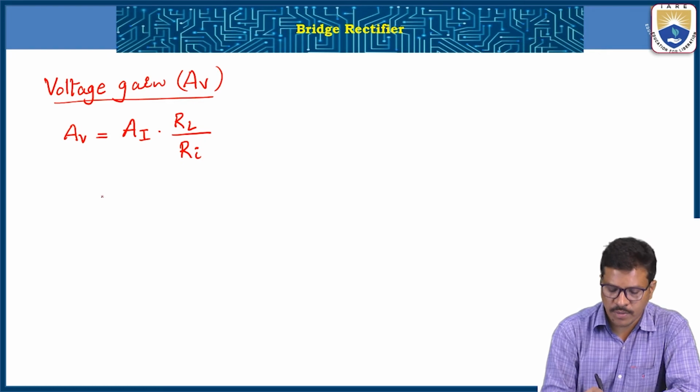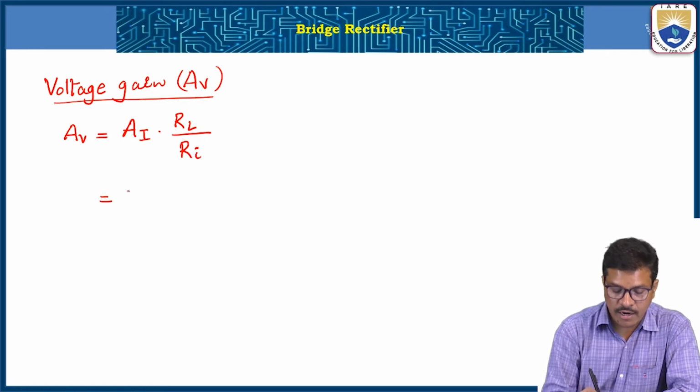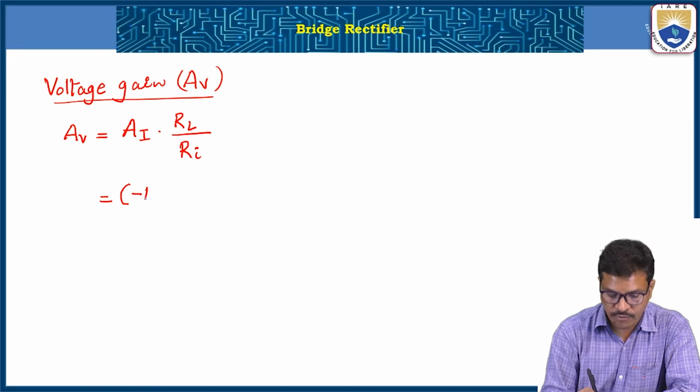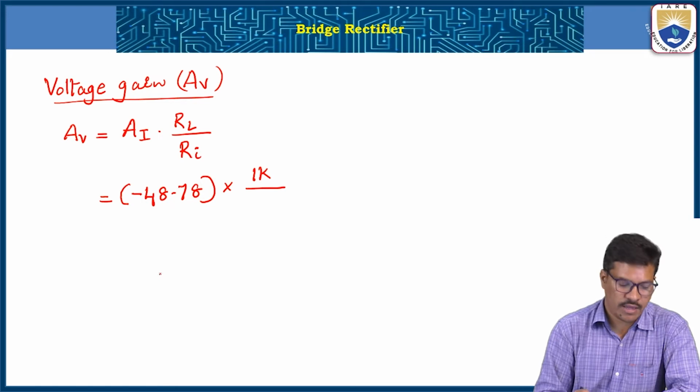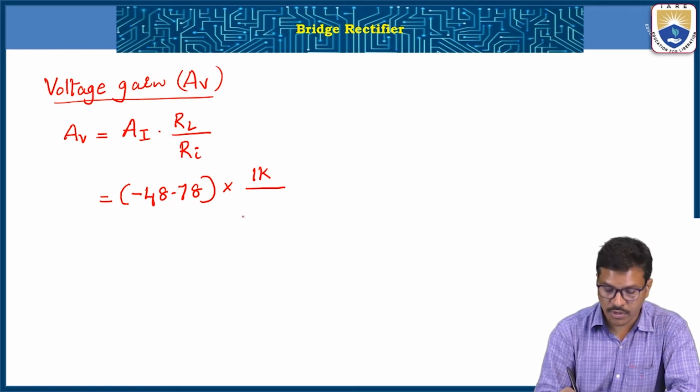So, current gain we already found: minus 48.78 into RL 1 kilo ohm divided by Ri. Just now we found Ri as 990.